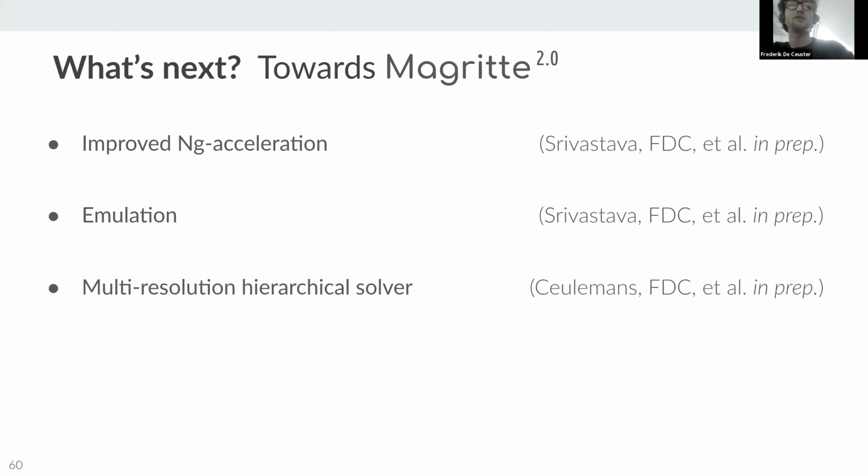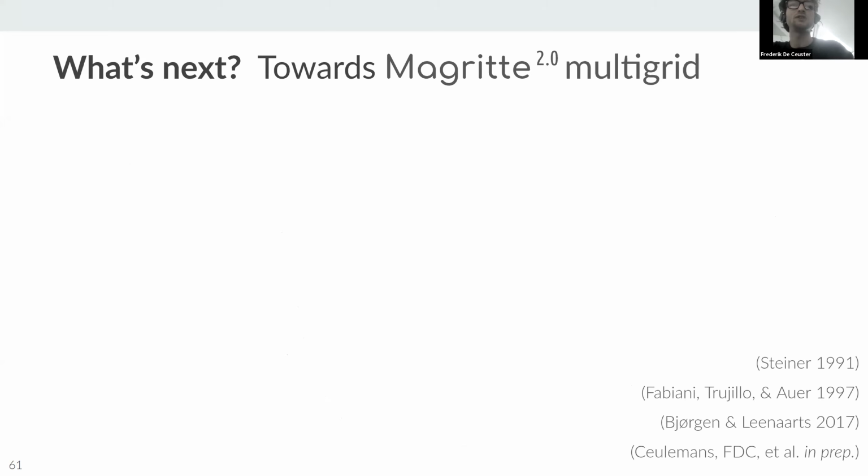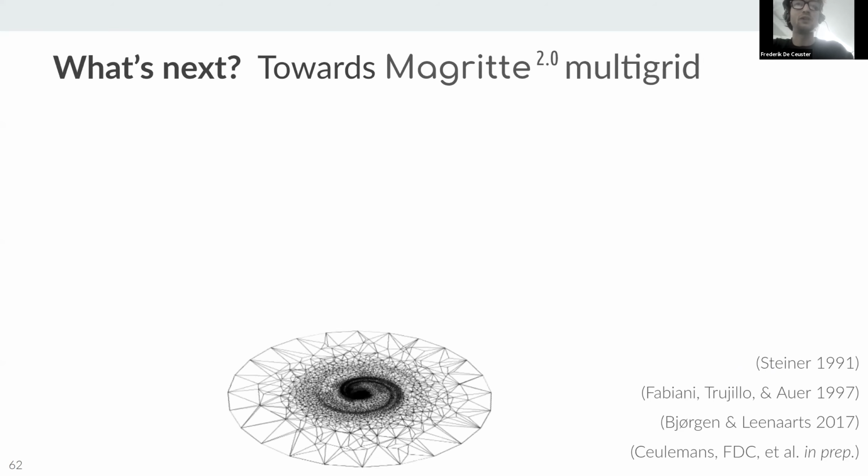Then in another project, together with Thomas Keulemans this time, we're exploring the use of multi-resolution methods. This is somehow similar to the idea of the emulator, but applied here over multiple iterations. The radiation field has to be computed in an iterative way, meaning that we have to compute it over and over again while the radiative properties of the medium converge.